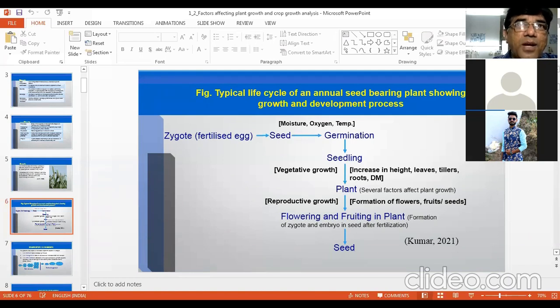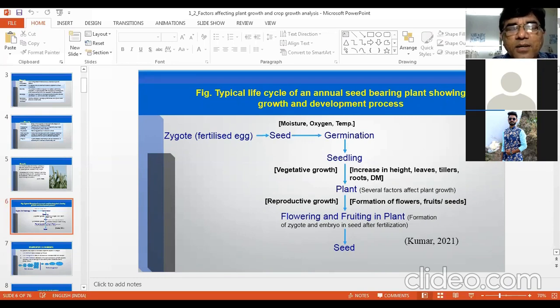Two cells unite to make one cell, and the egg is fertilized. Now it will develop into an embryo, and then that embryo will be encased in seed. Then you put the seed in soil and you want to get it germinated. You also know the different factors that affect germination: moisture, oxygen, temperature, and sometimes light also. After germination is the emergence of your plumule and radicle.